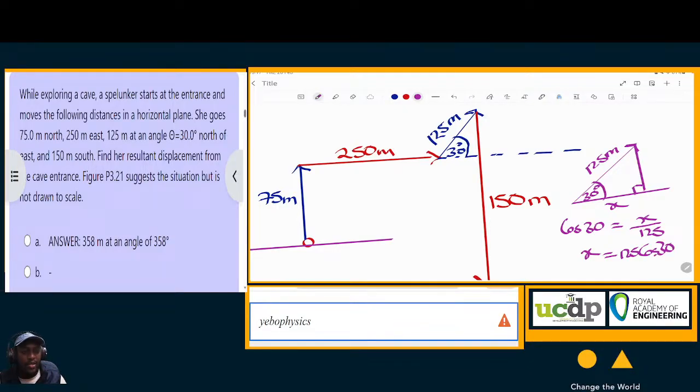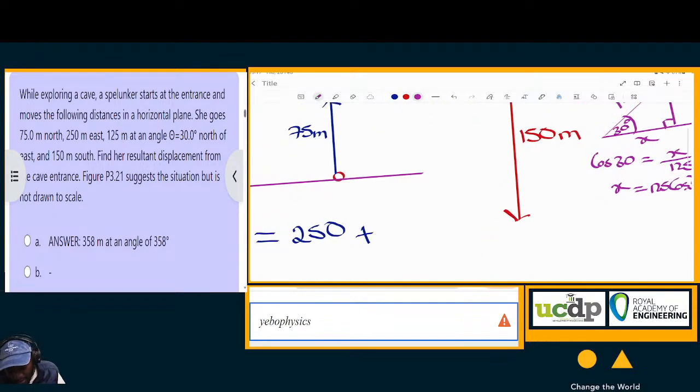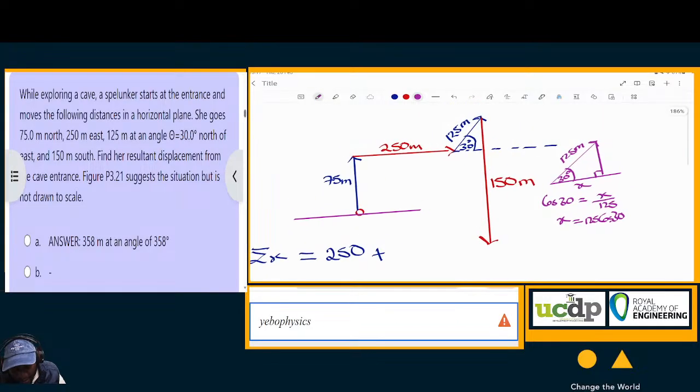I did this to remind you of the resolving of vectors. When you're resolving a vector, you're basically finding the x and the y component of that vector, isn't it? So the x component will be 250 meters plus the x component of that vector, which is 125 cos 30.